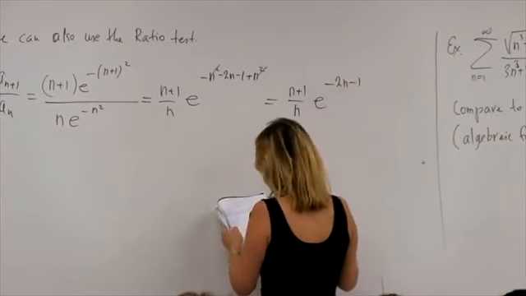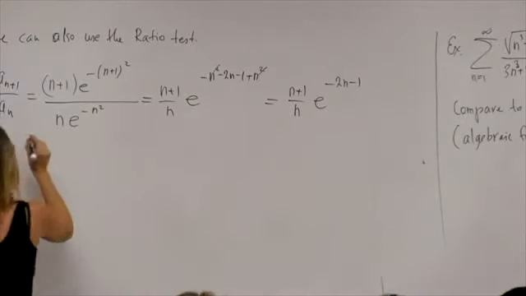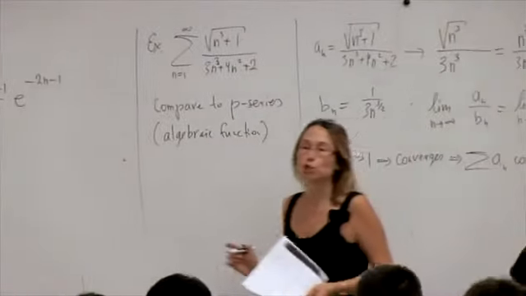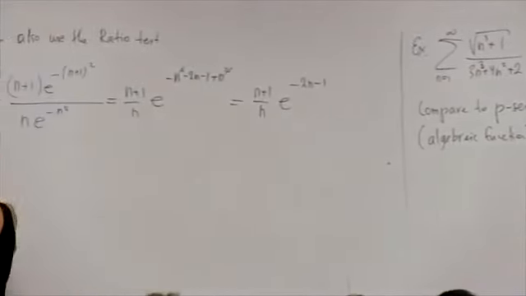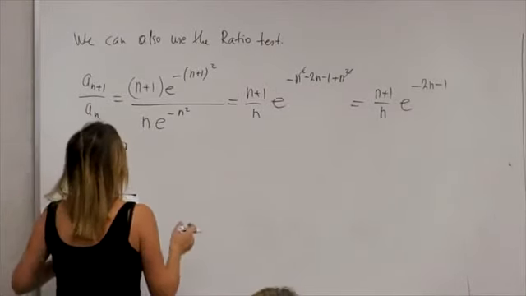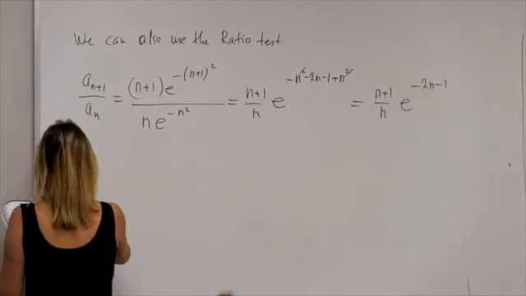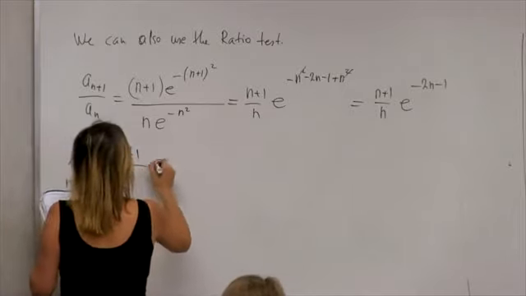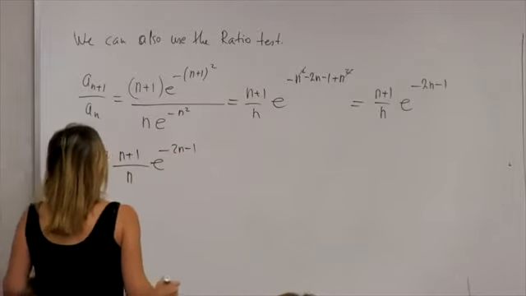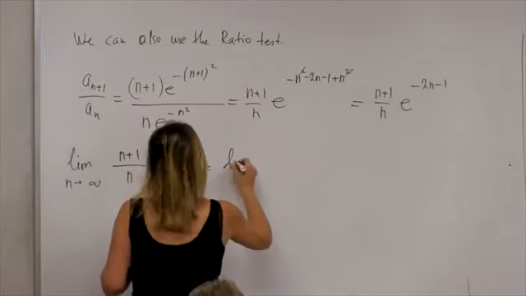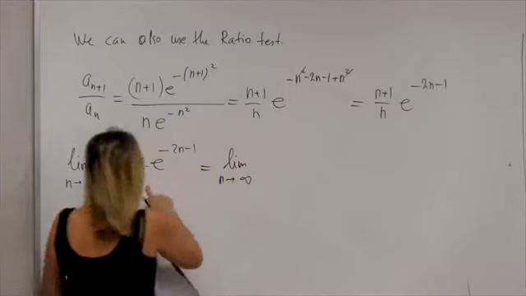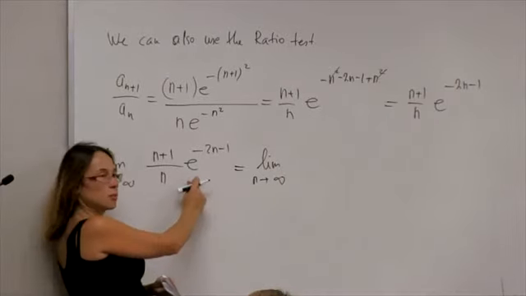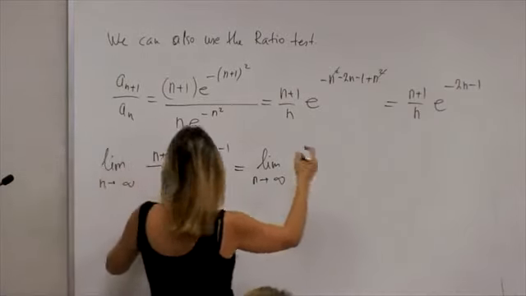So I'm doing the limiting ratio test. I want to take the limit of this guy and show that it goes to something that's less than 1. So n plus 1 over n times e to the minus 2n minus 1. How do I deal with this? It combines a fraction like this with an exponent. So I'm going to divide both things by n.